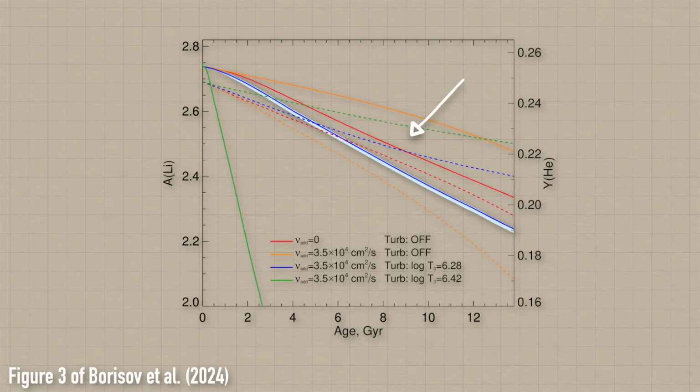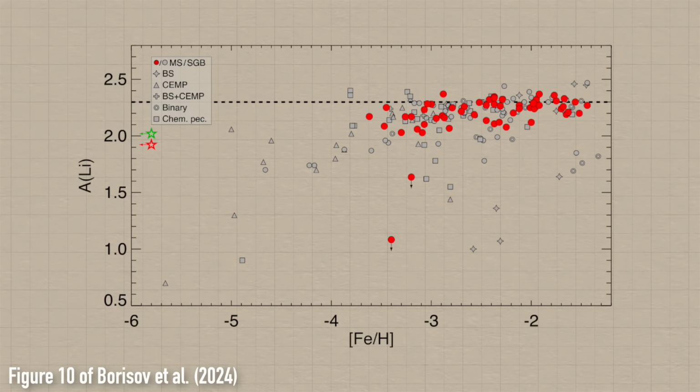And that happens for all stars, regardless of how much iron this star has, which naturally gives rise to a plateau, like the Spite plateau that is consistent with the iron over hydrogen ratio.